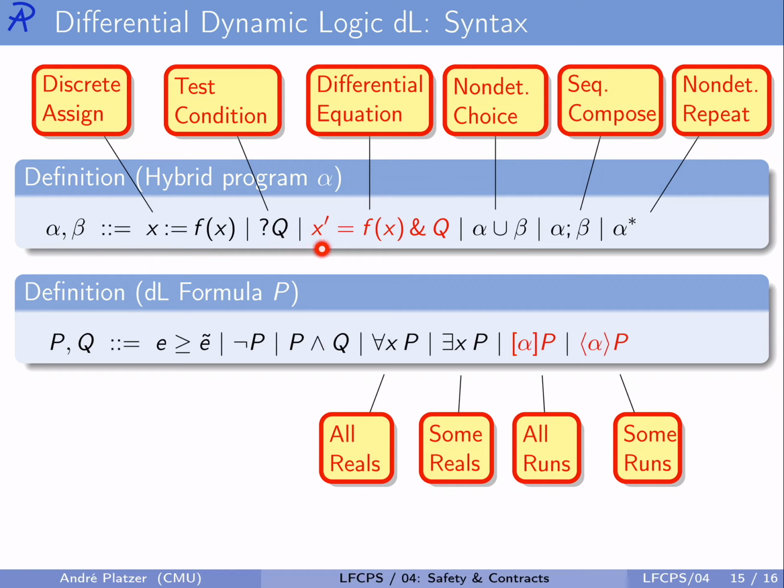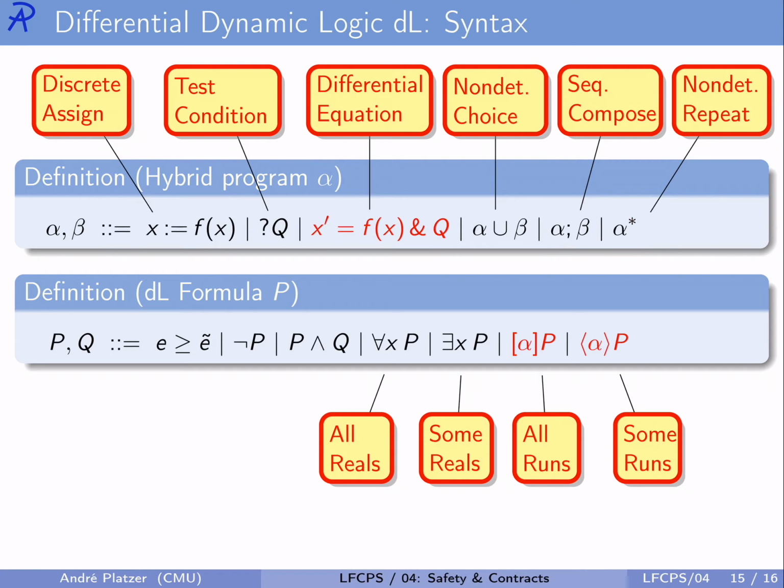Most importantly, the defining characteristic of differential equations with evolution domain constraints in the program as the atomic operations for continuous dynamics, and then these are combined with programming language principles such as the non-deterministic choice operator between alpha and beta, choose whether you fly upwards or whether you fly downwards, for example, sequential composition operation, first fly upwards and then fly downwards again because you want to land, and non-deterministic repetition, let your flight control loop take a number of iterations until you're safely at your target destination.